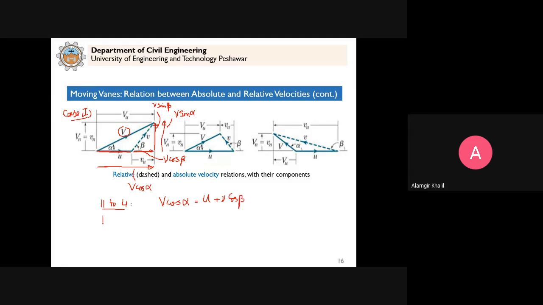Now perpendicular to u. So perpendicular to u, what are the components here? So perpendicular here, this is perpendicular. In this case, you can see these two components are the same, from this triangle. So we say that v sine of alpha is equal to small v sine of beta.